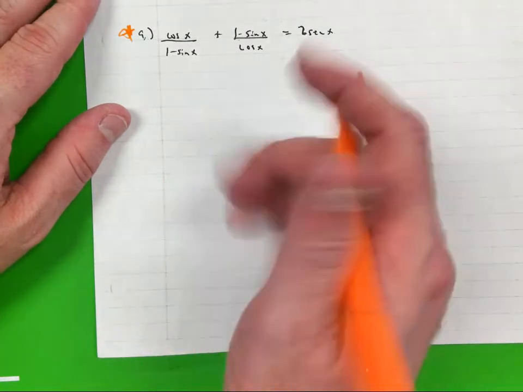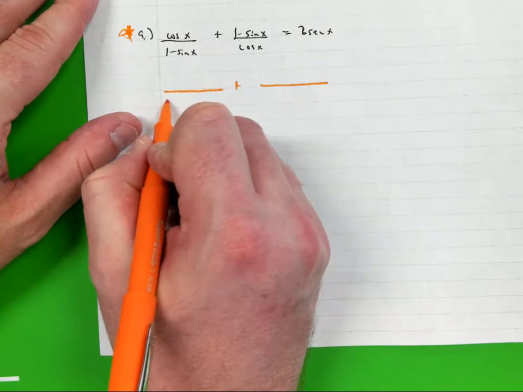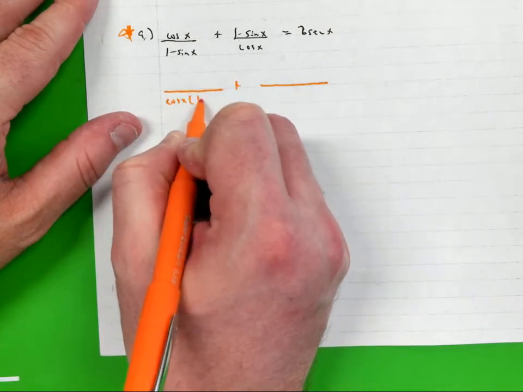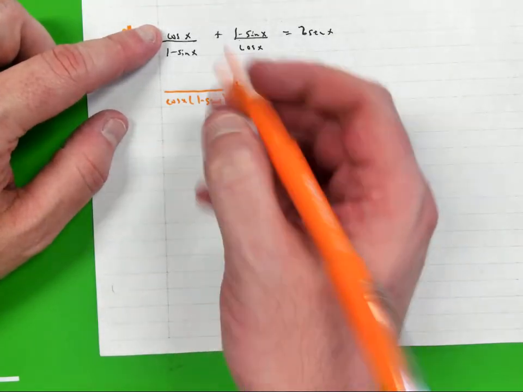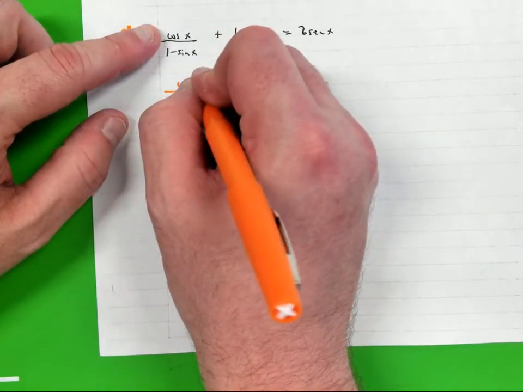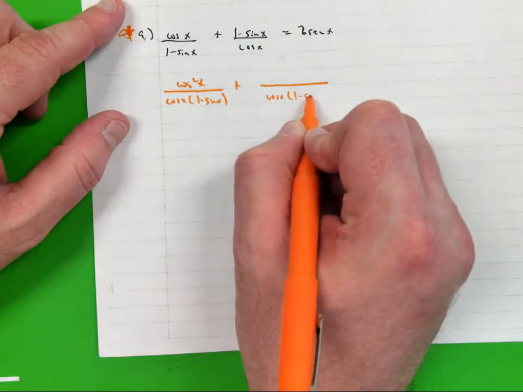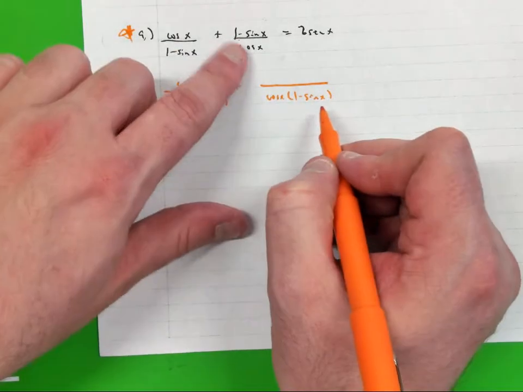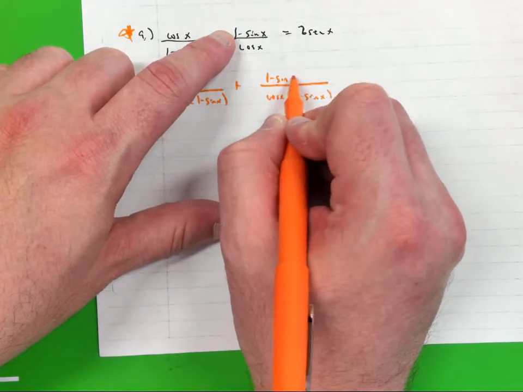Cosine and, very good. If I multiply this denominator by cosine x, do I need to multiply the numerator? So that's going to be cosine squared. If I multiply this denominator by 1 minus sine x, do I need to multiply it up here?